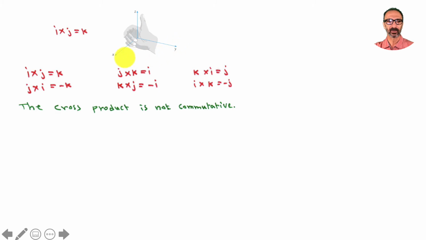If you go y cross x, your hand will be upside down, and you're going to point to the negative z axis. Instead of saying y cross x, I'm going to say j cross i. It's right there. So j cross i will point down instead of up. That means i cross j is not the same as j cross i.